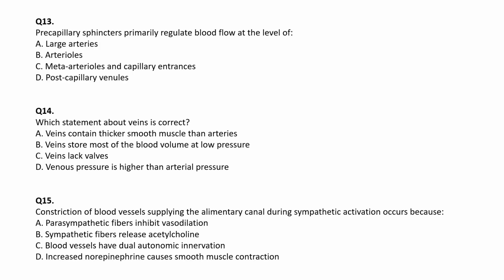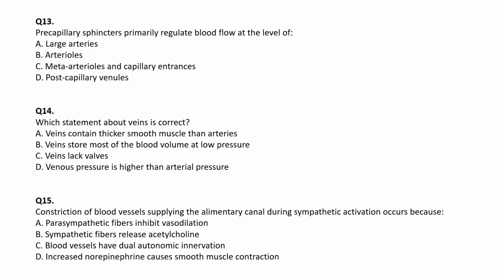It is constricting in one and dilating in the other, right? So in this case, constriction of blood vessels that are supplying the alimentary canal in sympathetic activation. Many people think that the sympathetic nervous system just makes you ready for fight and flight, so it increases everything. But actually that is a little bit of a misconception.